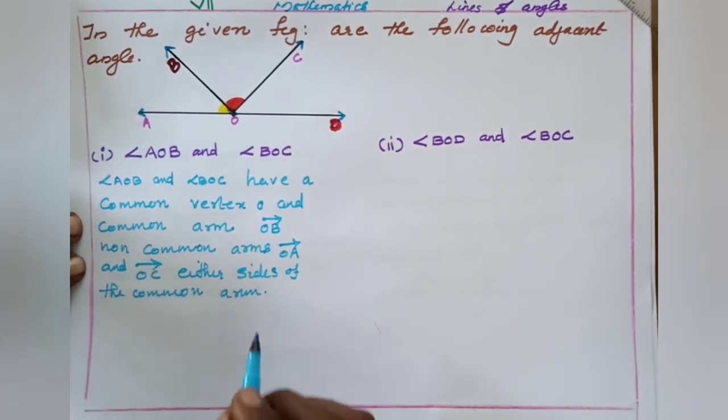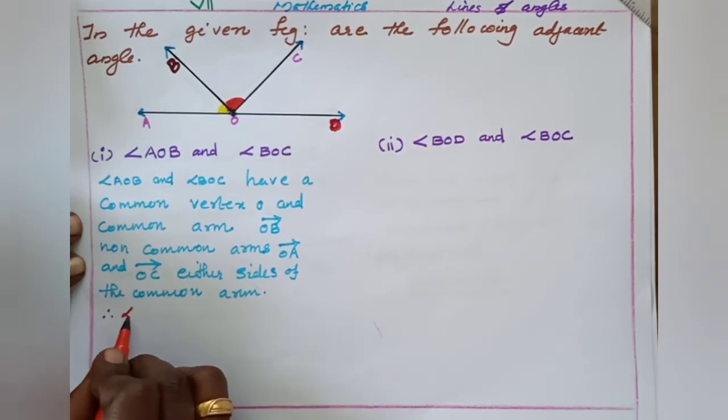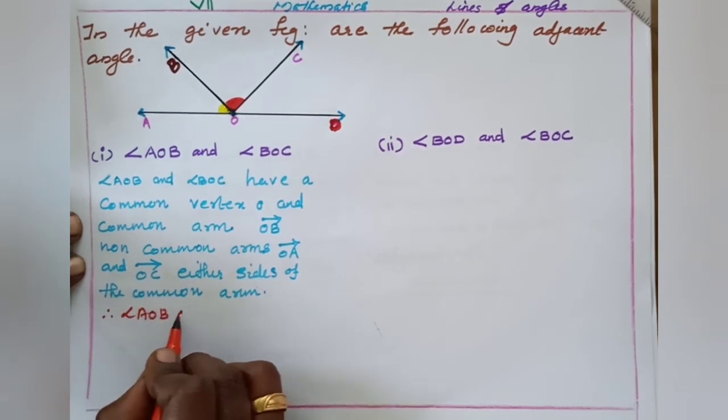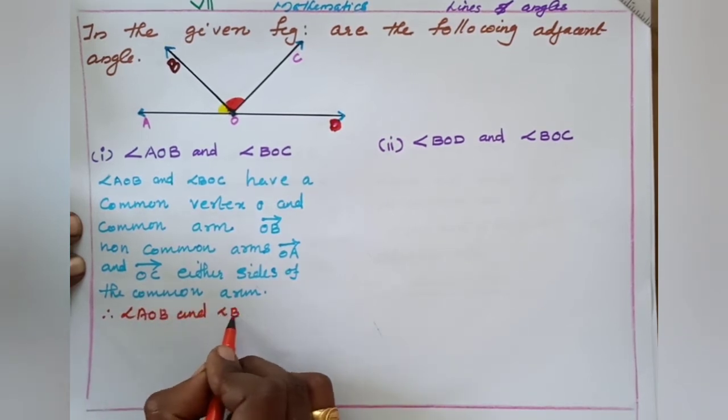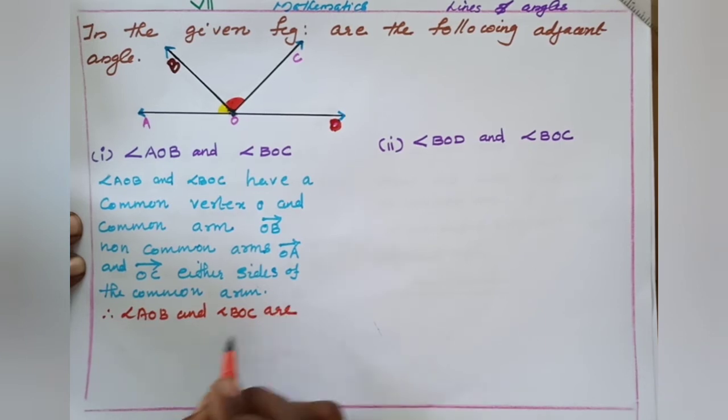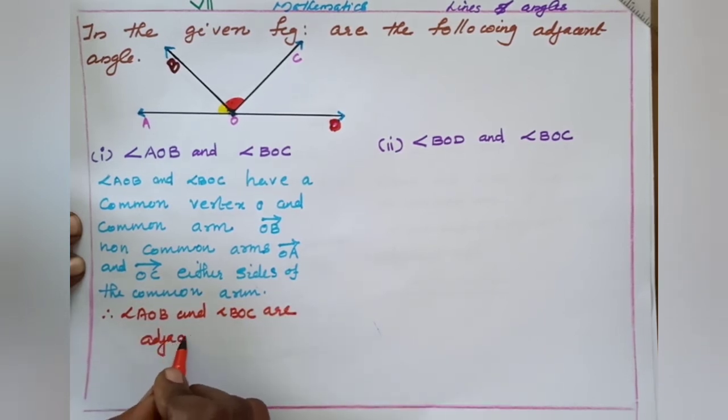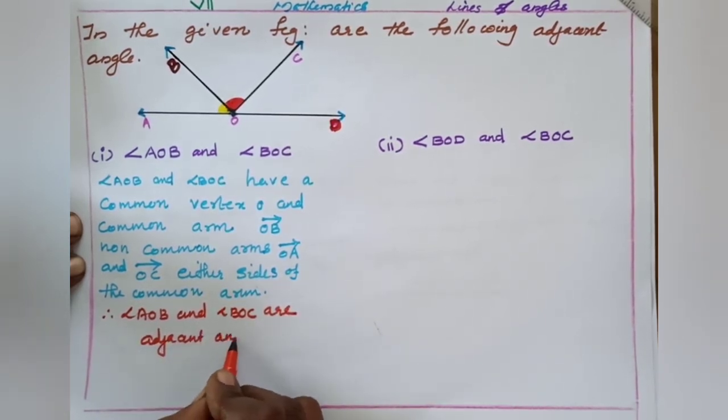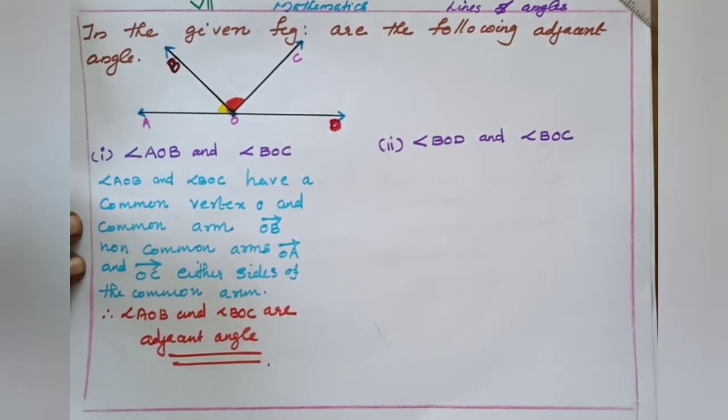So we can say they are adjacent angles. So angle AOB and angle BOC are adjacent angles. Then the second angle is angle BOD.